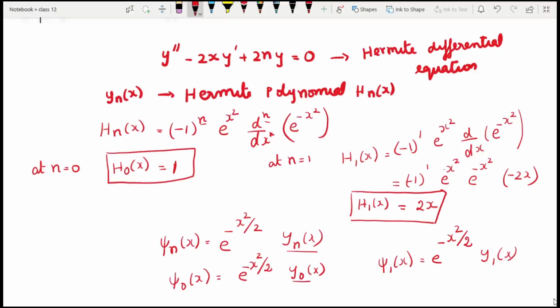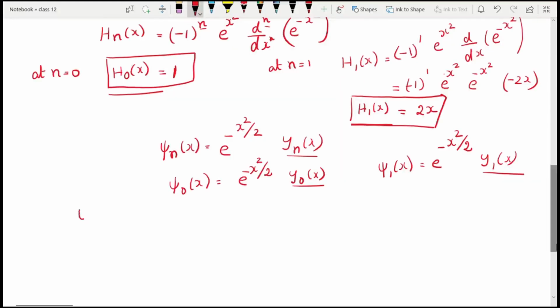So y0 of x is nothing but h0 of x, and y1 of x is nothing but h1 of x. If we substitute it, we will be getting psi 0 of x is equal to e power minus x square divided by 2, and psi 1 of x is equal to 2x e power minus x square divided by 2.